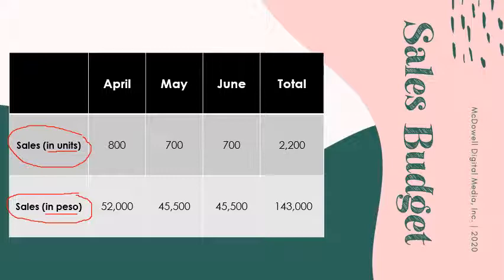So, let's say, on April, na-forecast nyo na 800 yung maibibenta nyong units. O, bigay tayo ng isang goods. Let's say, nagbebenta ka ng isang meal. Okay? Ng isang meal.